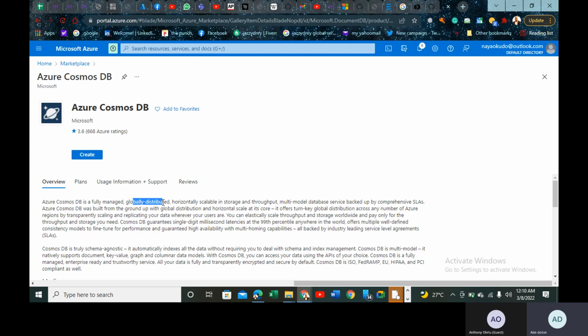So CosmosDB is a fully managed, globally distributed, horizontally scalable in storage and throughput. That means you can increase the storage, you can increase the RAM, you can increase those things.